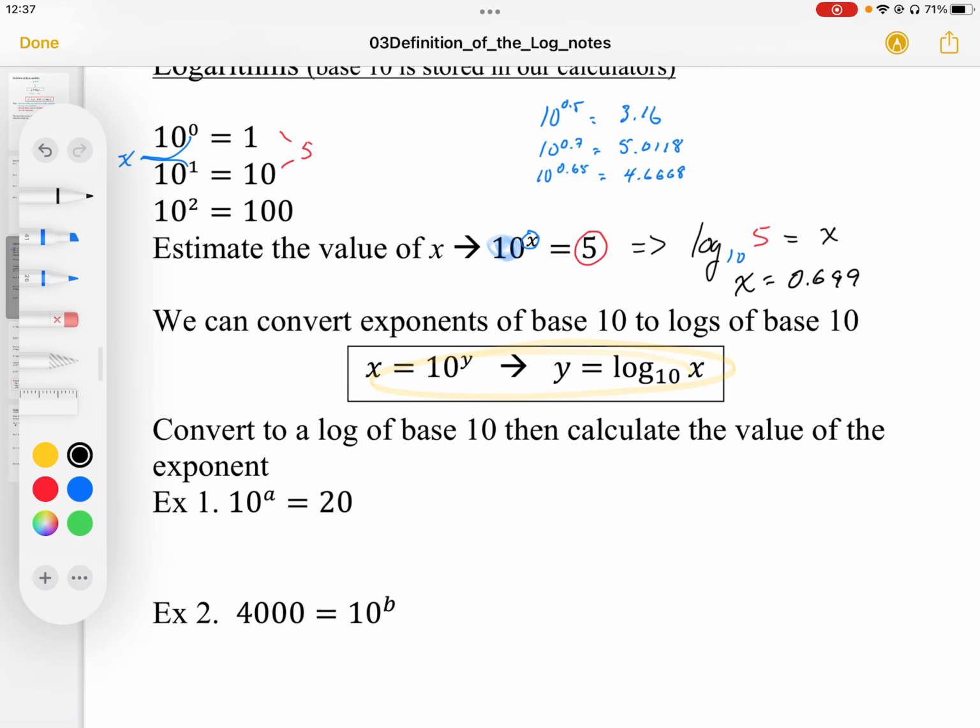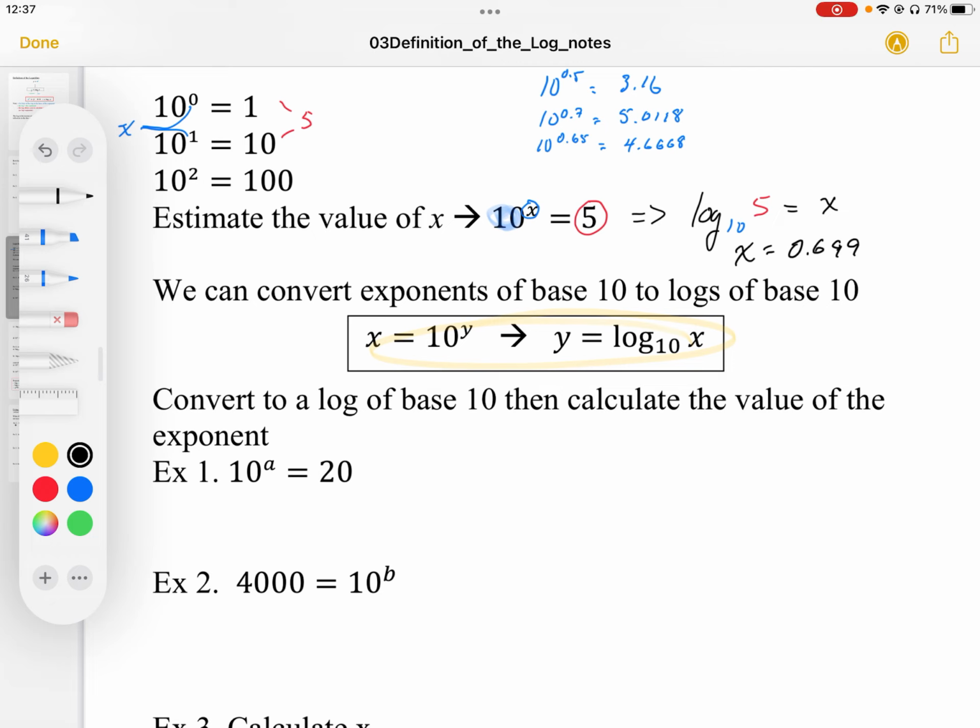So this is what we're going to do here. We're going to solve for the exponent. We're going to convert it to log first and then solve for the exponent. So in this case here, we're going to convert it into a log expression. So we have our log, we have our base, we have our argument, and we have the exponent. Okay, so when we write this in terms of the log, we need the base of the log and the base of the exponent must match.